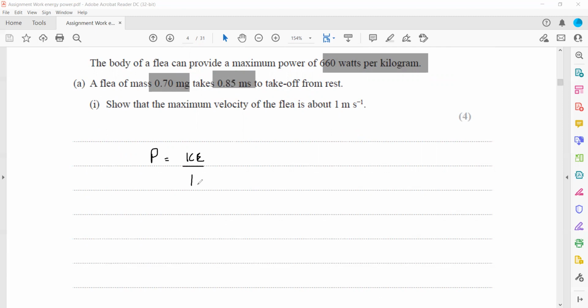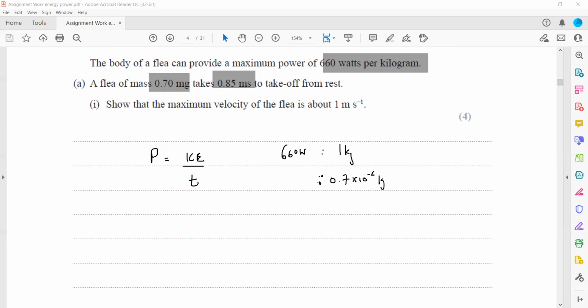So in this case, it will be kinetic energy divided by time. So it is 660 watt per kilogram, 1 kg. But what about the mass of the flea? The mass of the flea is 0.7 milligram. So it will be 0.7 into 10 power minus 6 kilogram.